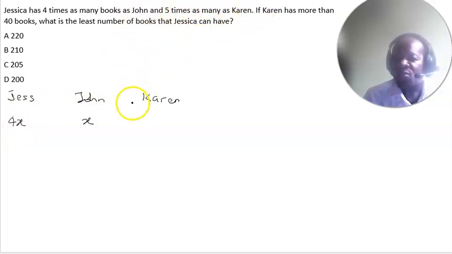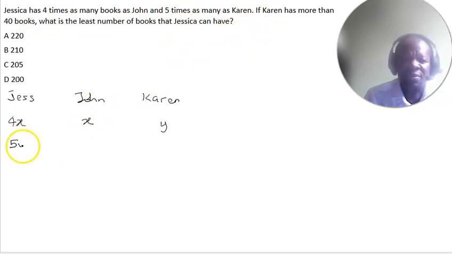Now we don't know the number of books Karen has, and we can't say this is X, because we don't know whether Karen and John have the same number of books. So that is why we are representing it with a different variable. Even if they are the same, it will reflect in the calculation. Now, the same Jessica again has 5 times as many books as Karen. So Jessica now will be 5Y.